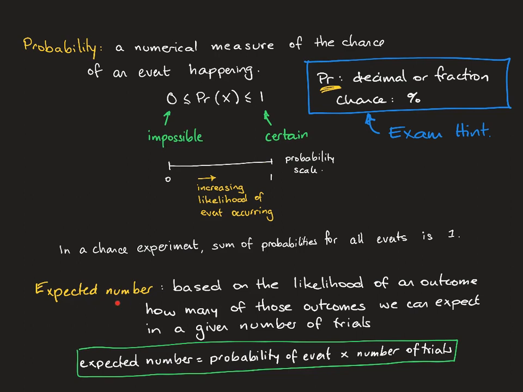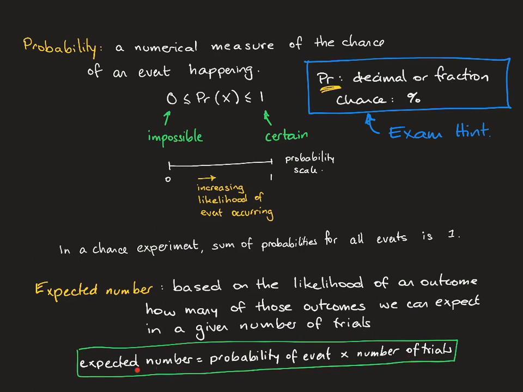The expected number is the other thing that sometimes you're asked to work out. So based on the likelihood of an outcome, so based on the probability, how many of those outcomes would we expect in a given number of trials? So to calculate the expected number, we take the probability of an event happening and we multiply it by the number of trials.